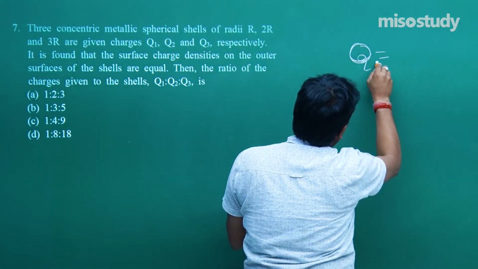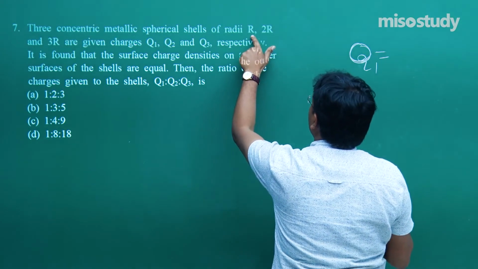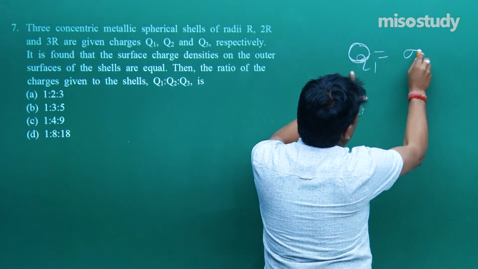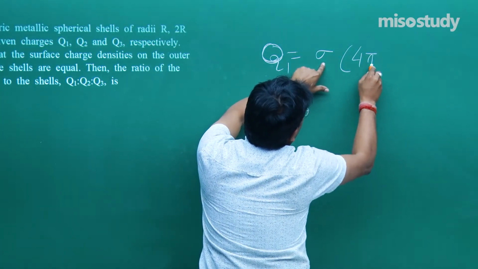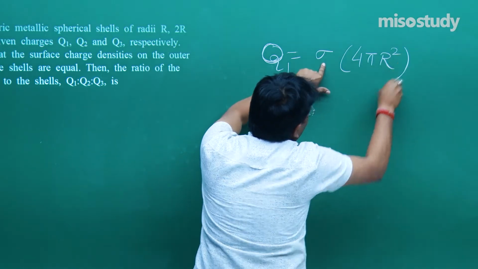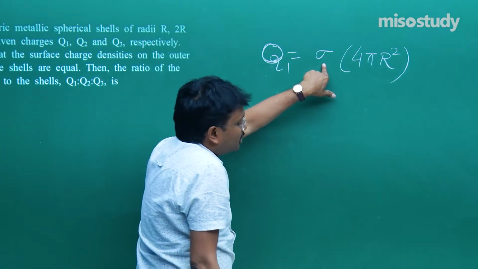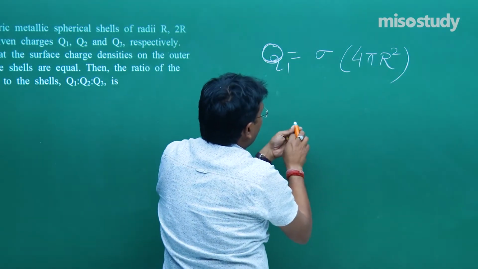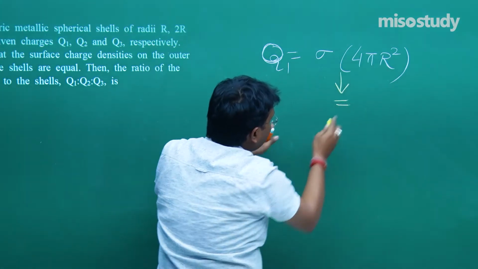Q1 is equal to, Q1 means for this small radius spherical shell, so Q1 is equal to surface charge density into 4 pi r square. Basic formula. During the discussion of Gauss law, we devoted so much time. Fine. Now this is also equal to, what is the meaning of this?